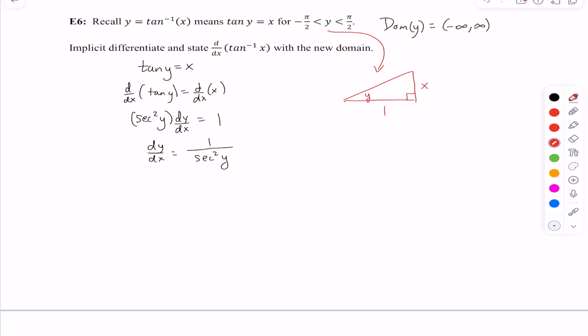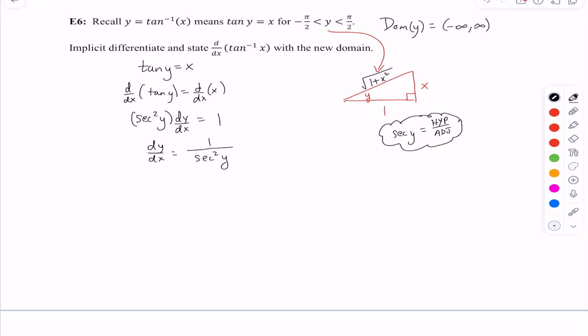We do need the hypotenuse. So after the Pythagorean theorem, we know this is the square root of 1 squared plus x squared. Now, what is the secant of y? Secant of y, remember, is this ratio. It is actually hypotenuse over adjacent.